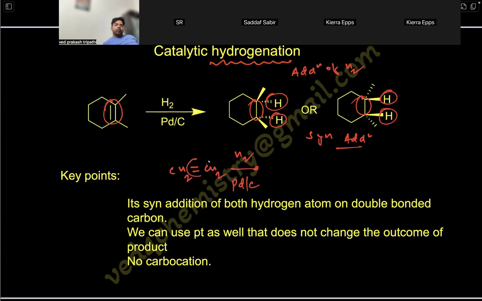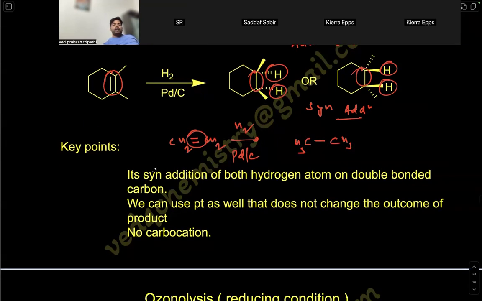So this double bond would become a single bond, and you know that it should be CH3, it should be CH3. For example, suppose you have this alkene and we are using H2/Pd. So overall, it's a simple alkane, meaning we can reduce the double bond into a single bond. Make sense?